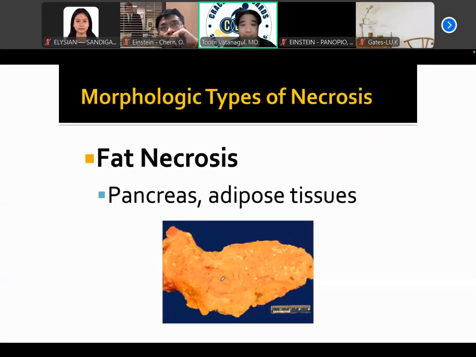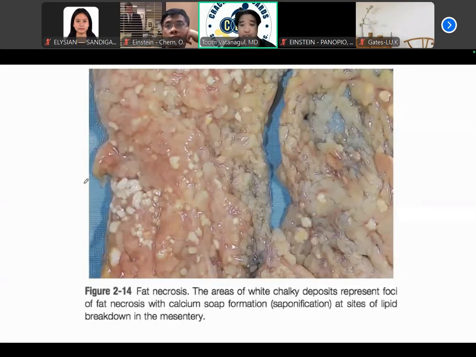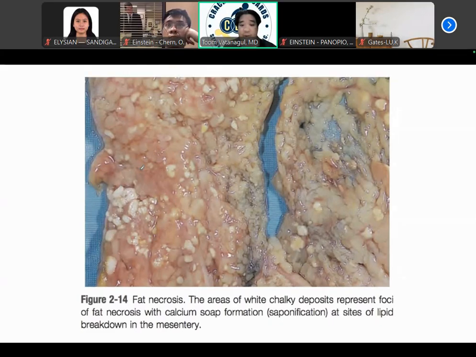Some photos. So acute pancreatitis, enzymatic fat necrosis, and here, the chalky white deposits that you see here. Okay? This is what we call the saponification.